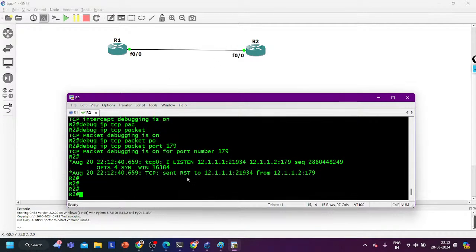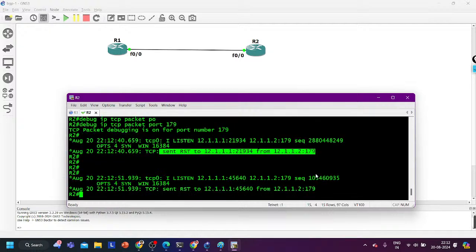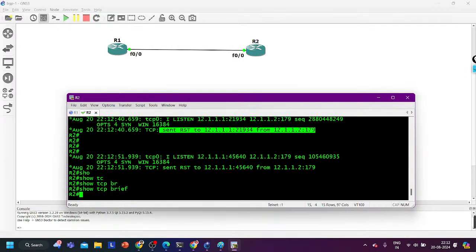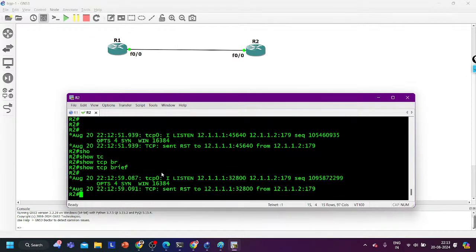See, this router is sending what? A reset message. It sends a reset message to 12.1.1.1 to this port number from source port number 179. And show TCP brief. There is nothing.